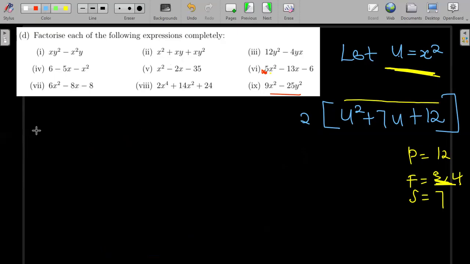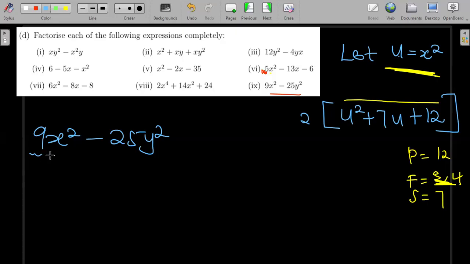Okay, so the last one is 9x squared minus 25y squared. So here we are going to say, what is common between these two? First of all, we can rewrite these ones.